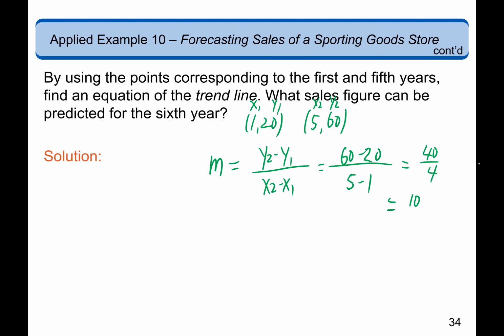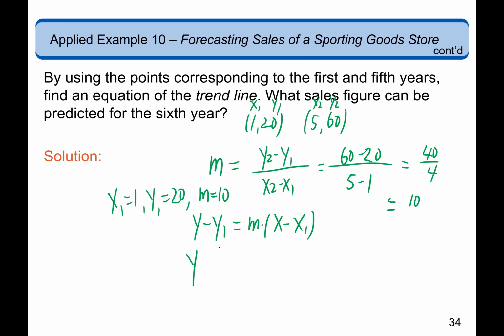Okay. And now, once we know the slope, we'll be able to find the equation of the line using the point slope formula: y minus y1 equals slope times x minus x1. We know that x1 is 1, y1 is 20, and we calculated the slope equal to 10.